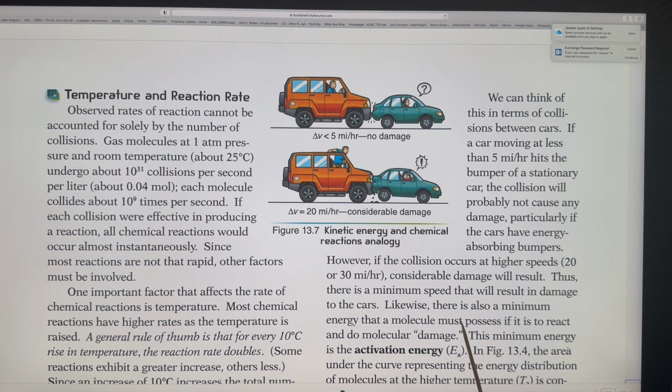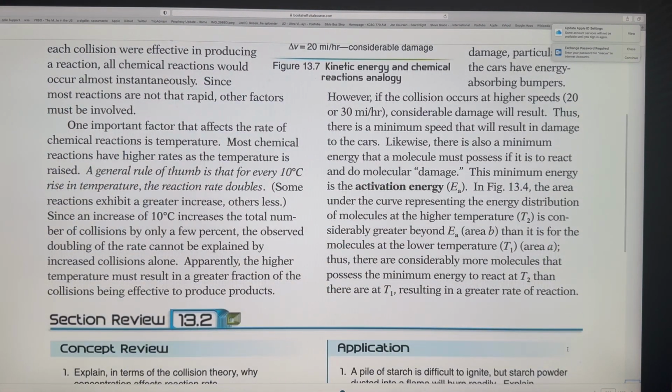There's a minimum energy that a molecule must possess if it's to react. So a molecule cannot react unless it has that minimum energy. This is the minimum energy to activate it so that it will turn into another thing. This energy is called the activation energy, EA.